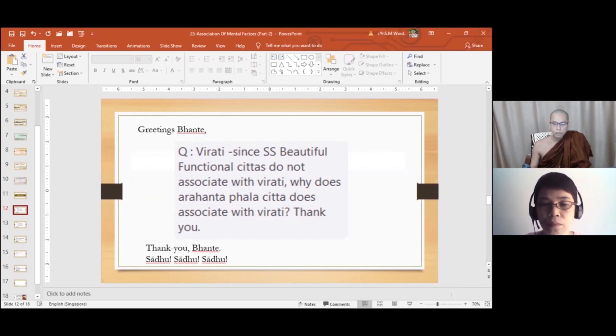Instead of wholesome consciousness, functional consciousness takes place. The functional consciousness does not need to make the eradication or to abstain, because at the moment of Arahatta Magga and Phala, all the defilements, which are the cause of transgression, are removed completely.